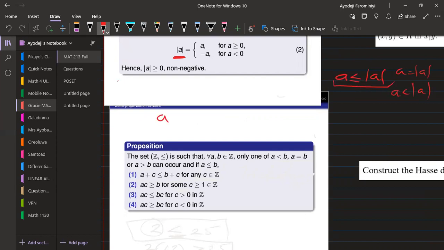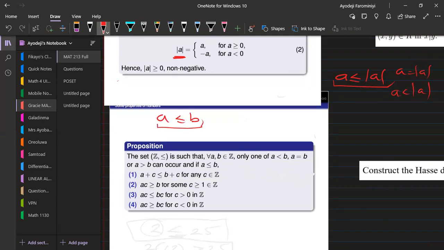So if I have A is less than B, are you following? Yes, sir. If I add any number to both sides, it will not affect the inequality.